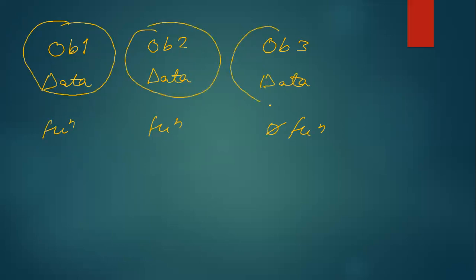This is a very important thing in OOP. Every object has a separate copy of data, but each object shares the functions. Whatever functions we have, these functions will be shared with each and every object.